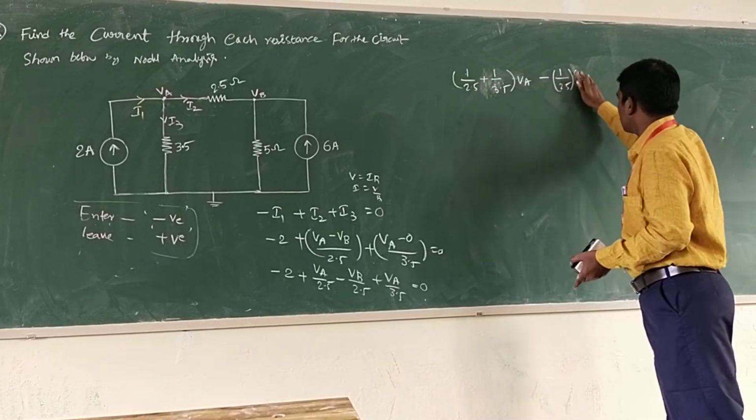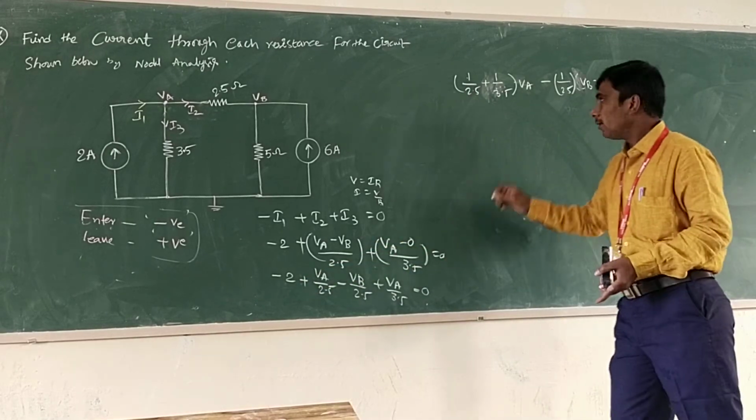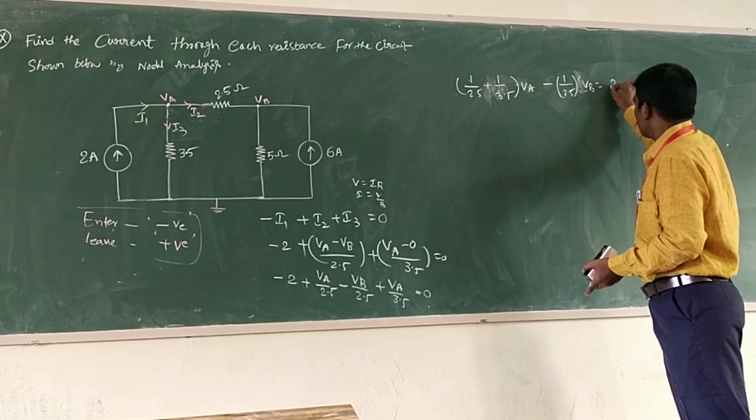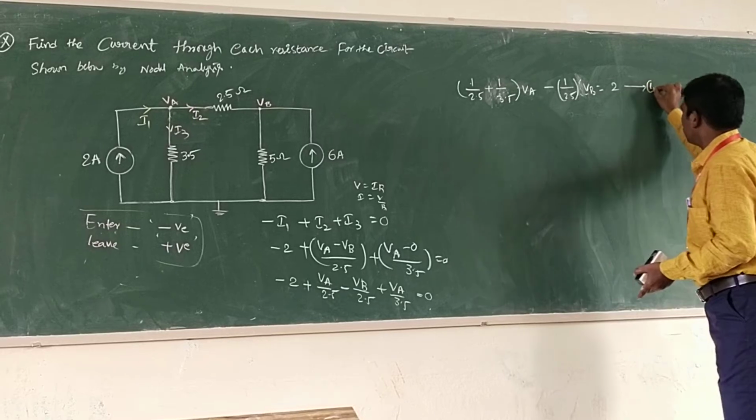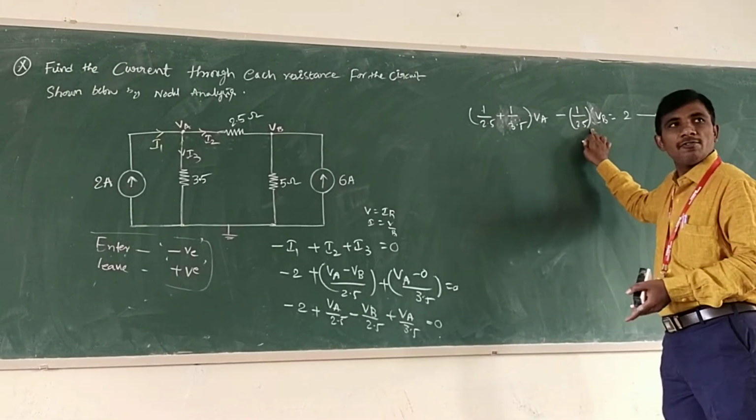We can write like this: VB equal to, sending this minus 2 to this side, it becomes 2. It is equation 1. These are the coefficients of VA and these are the coefficients of VB.